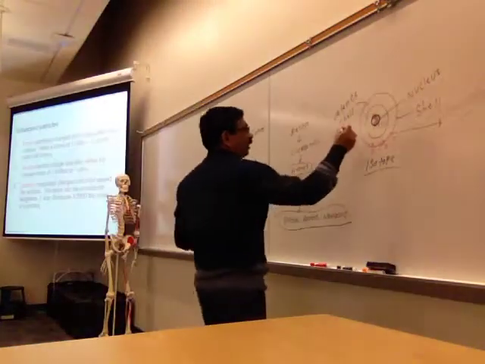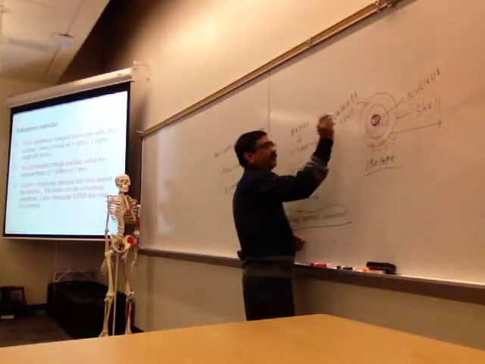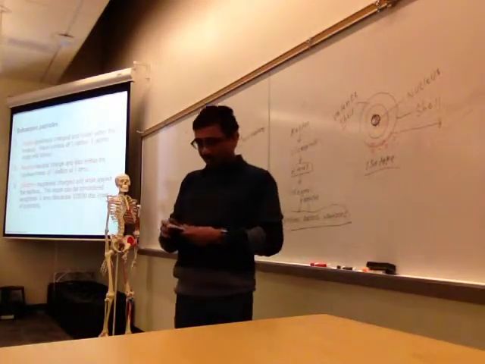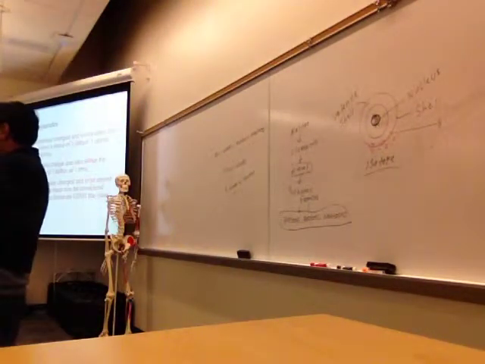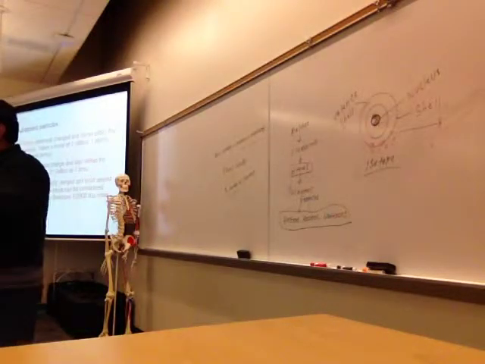It could be less than the proton or more than the proton, but different. That is an isotope. Now, sometimes if the number of protons and neutrons are different, then what can happen?